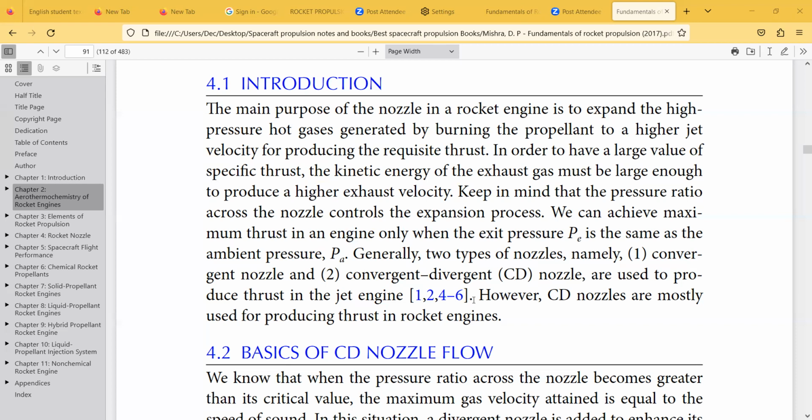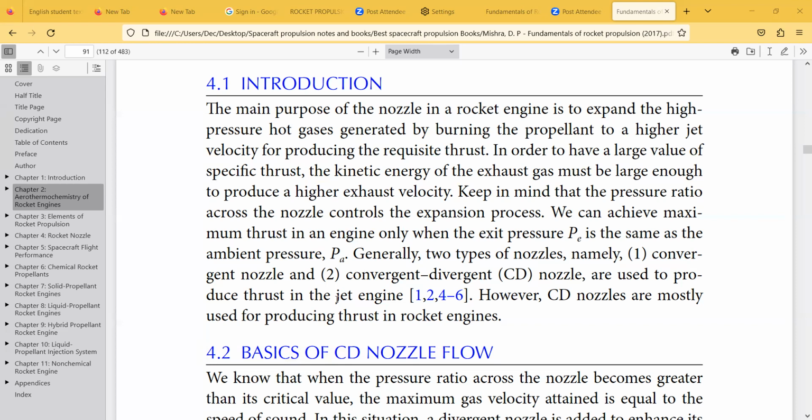Okay, so we can achieve maximum thrust in a given engine only when the exit pressure PE is the same as the ambient pressure. That means optimum expansion condition. If PE is equal to P atmosphere, that means the pressure thrust component, because we have two thrust components.